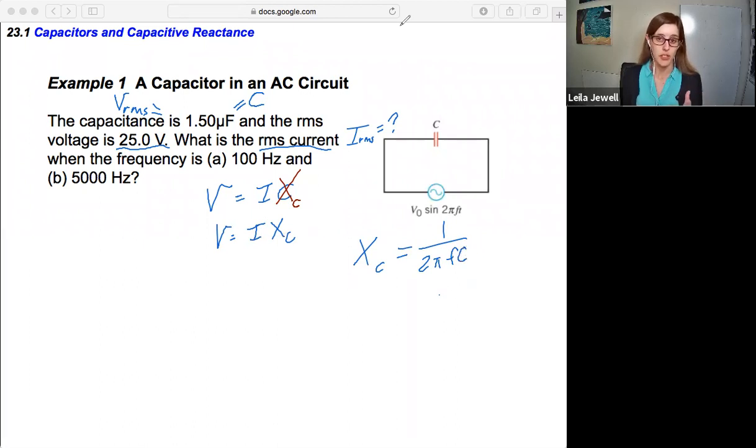And that's where it's really important to note that was only the capacitance, and it isn't yet the reactance. So we know C, the only thing we need now is the frequency, and we can get that frequency for part A and B, which is just 100 or 5,000 hertz. And with that, we will be good to calculate away. So let's see how those calculations go.